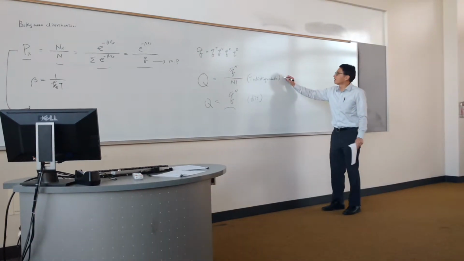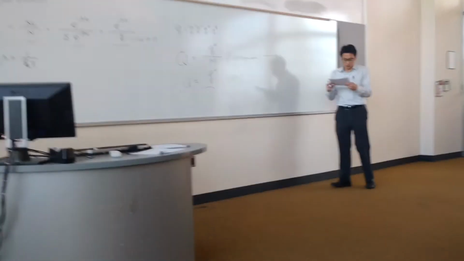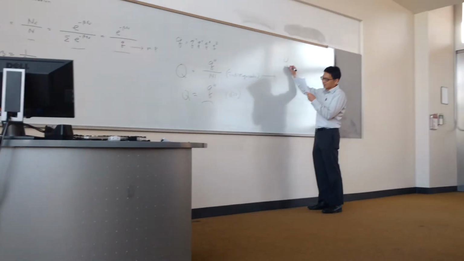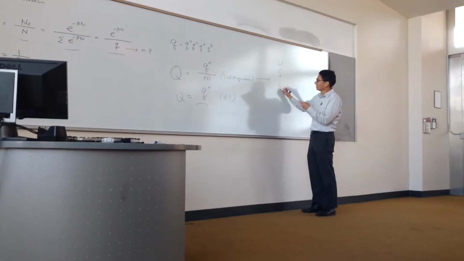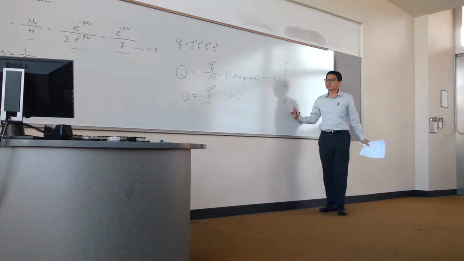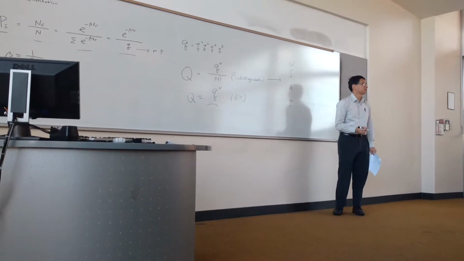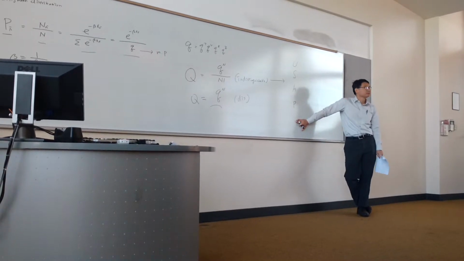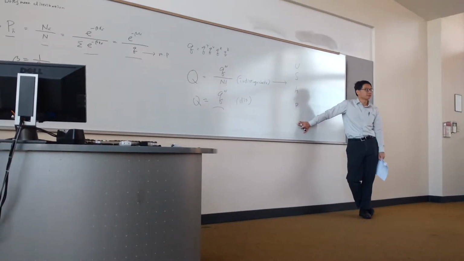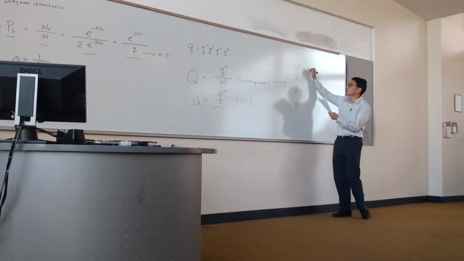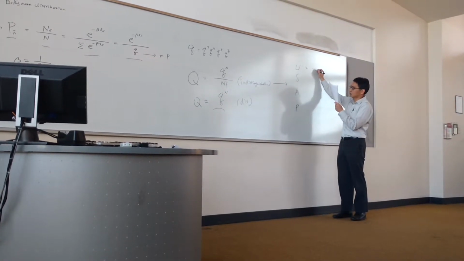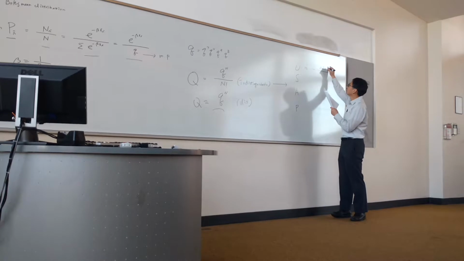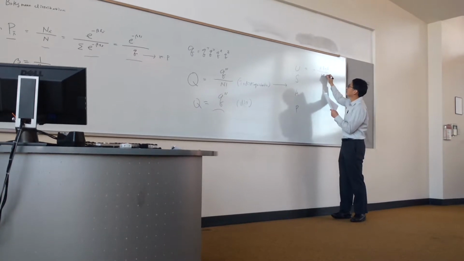So if you have indistinguishable molecules, you need to know how U, S, A, and P are related to your Q. You need to remember this. It's very important. U is equal to negative partial natural log Q partial beta.